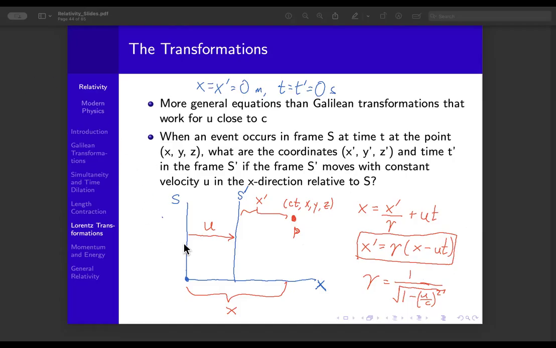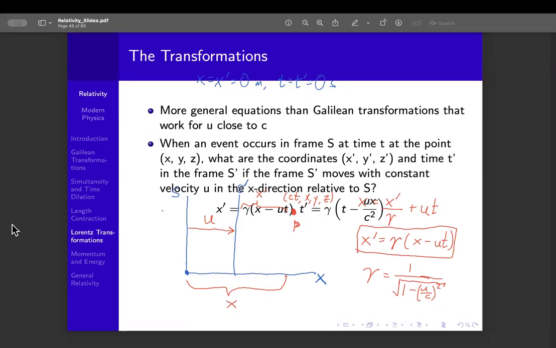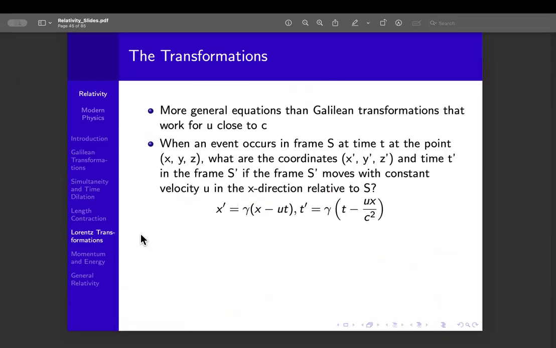And if we go on to the next slide, you'll see that you can do a similar derivation to solve for t prime in terms of t, u, and x as well. You can see the results on your screen. So now we have relations between x, u, t, and x prime and t prime.